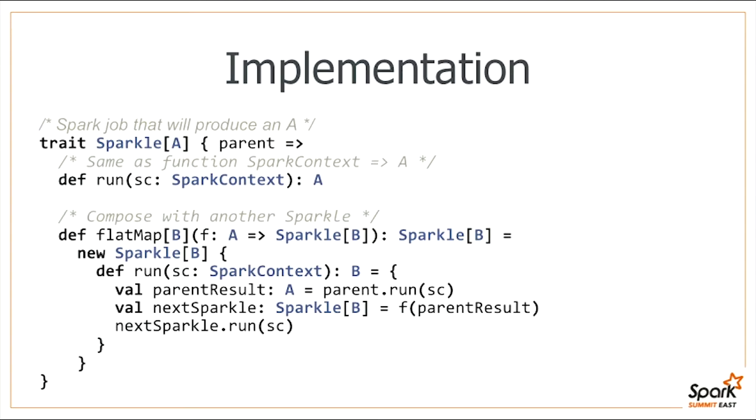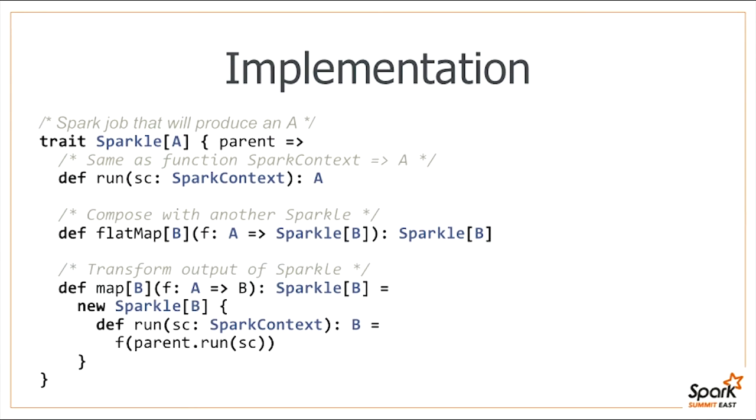So this is f of A to Sparkle of B, and it triggers run on those succeeding Sparkles. In the for comprehension world, this f, I suppose, is the subsequent Sparkles that come after. So when you do a flat map between Sparkles, it gives you a new one, wherein the run just chains together, runs the Sparkles before it, and runs the Sparkles after it, and nicely feeds in the result.